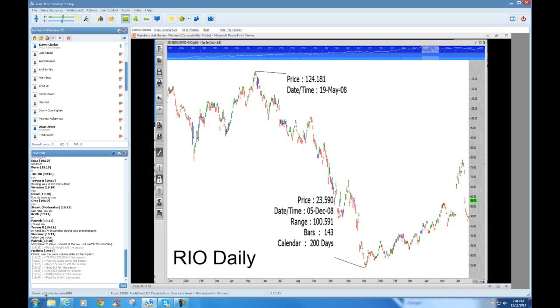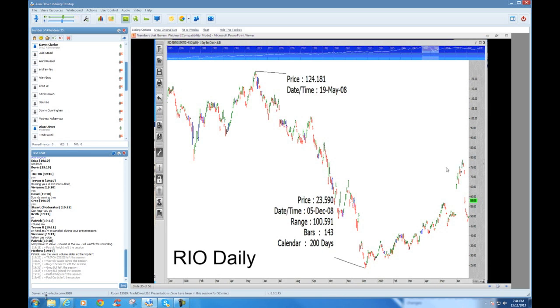And you can see here that the time count between the high and this low is 143 trading days. 144 was an inside bar, and then this market started to take off. So after it's lost $100 a share, it's trading at $23.60 in December. By June, it's trading at $80.